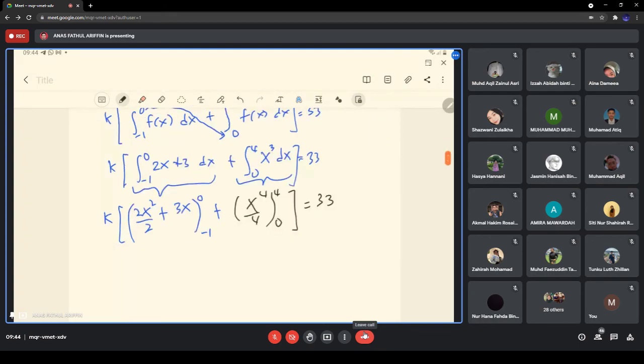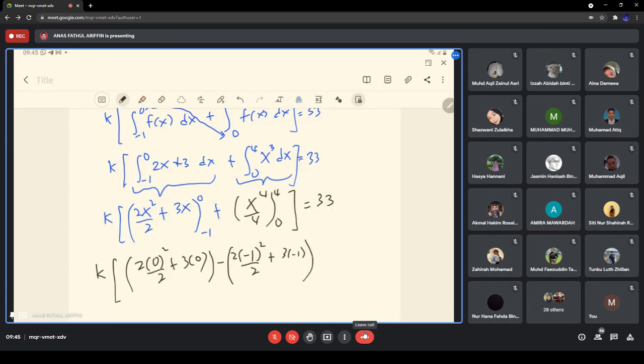Lepas tu we substitute the value of x with the limit. So here we have k. We substitute 0 square over 2 plus 3 times 0, and then minus, this one the whole thing we minus, -1 square over 2 plus 3 times -1.